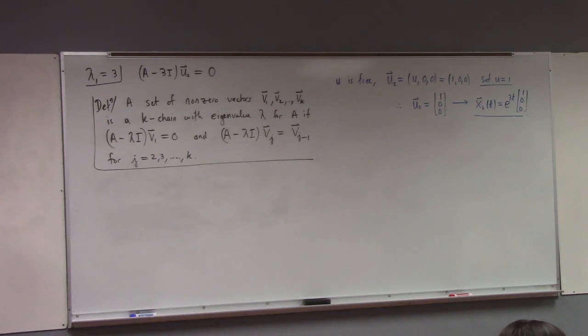So in this context, this is going to make each one of these vectors, v1 through vk, what's called a generalized eigenvector.